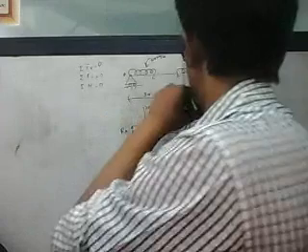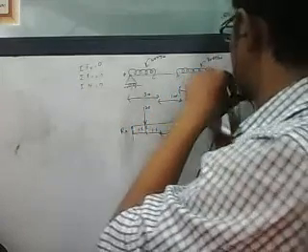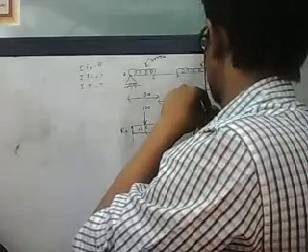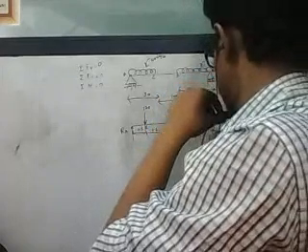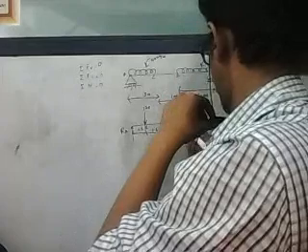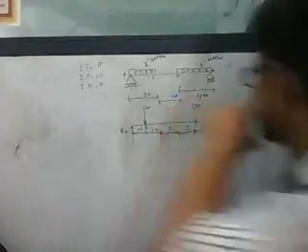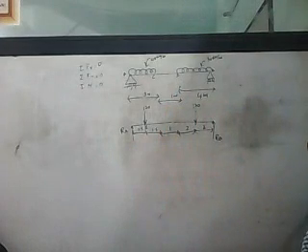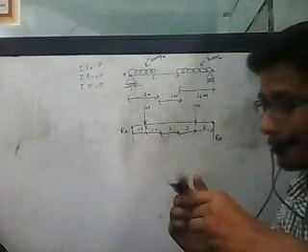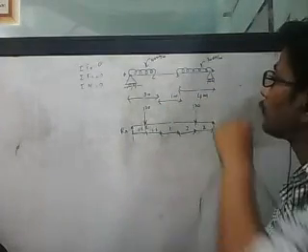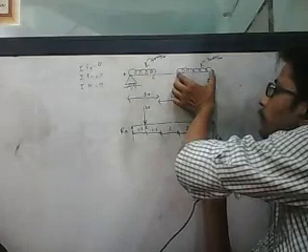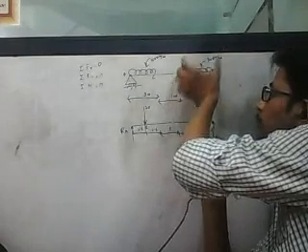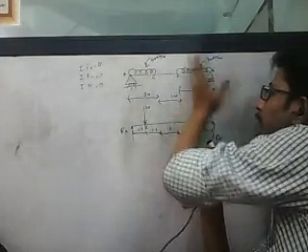And after that this UDL is 120, applying at 2 meter. Is this clear to you? At the center of the UDL, the UDL is applying on 4 meter, so the load will apply at the half of this.